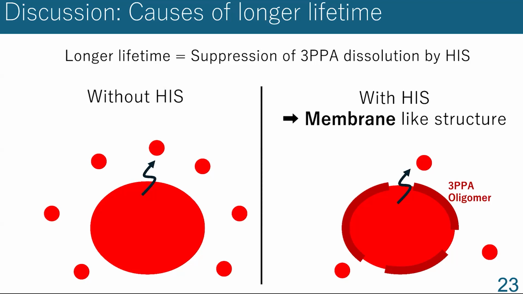But in the case with histidine, the histidine makes the surface of the 3-PPA oligomerize, and they make a membrane-like structure, and this membrane-like structure suppresses the dissolution of 3-PPA into the solution phase.